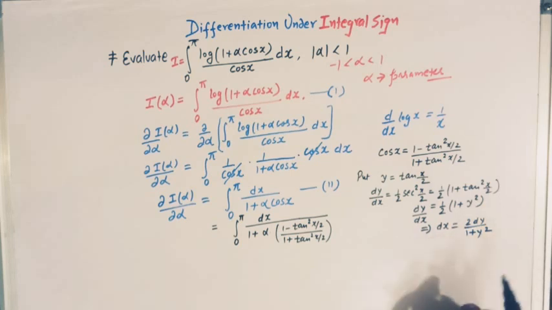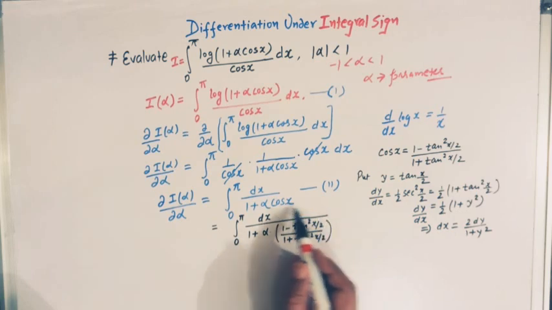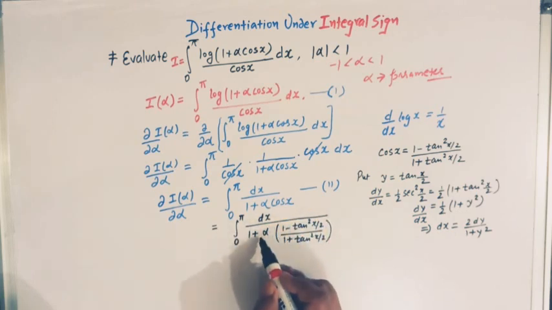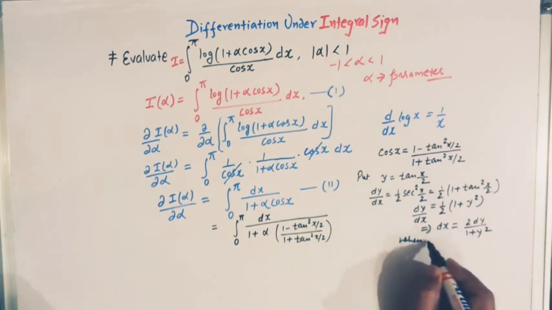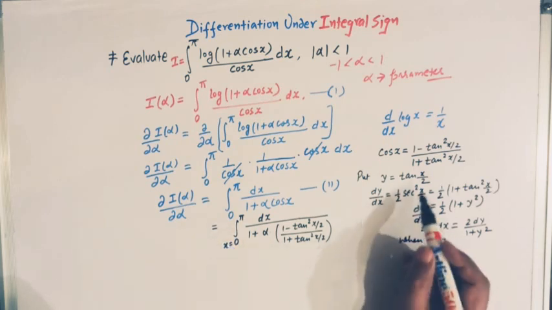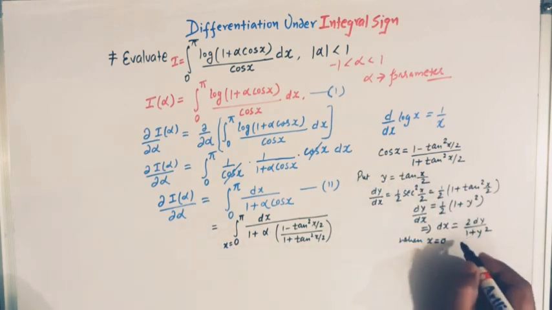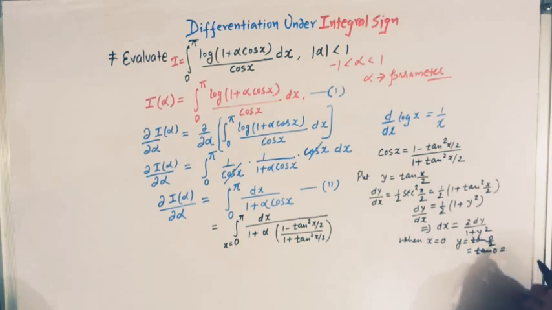Okay, so now we can change this integral from the variable x to variable y, but before doing so let us change the limits, right? So when x is equal to 0, the value of y is tan 0 over 2, that is tan 0, which is equal to 0, right?